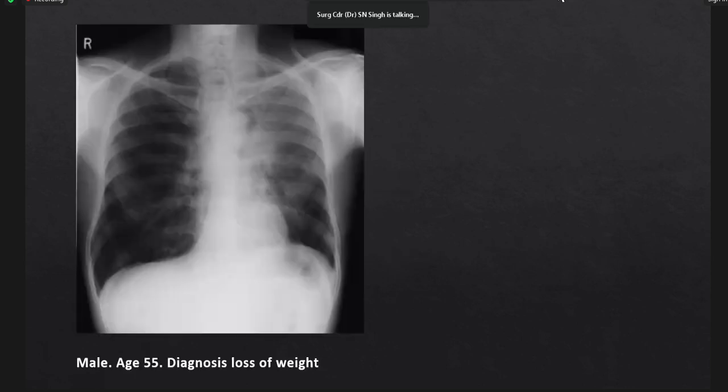55-year male, diagnosis loss of weight, a frontal chest X-ray. So there is an ill-defined hazy opacity involving the left upper lobe and left middle lobe, with pulled up left hemidiaphragm, and it is seen obscuring the left heart border.